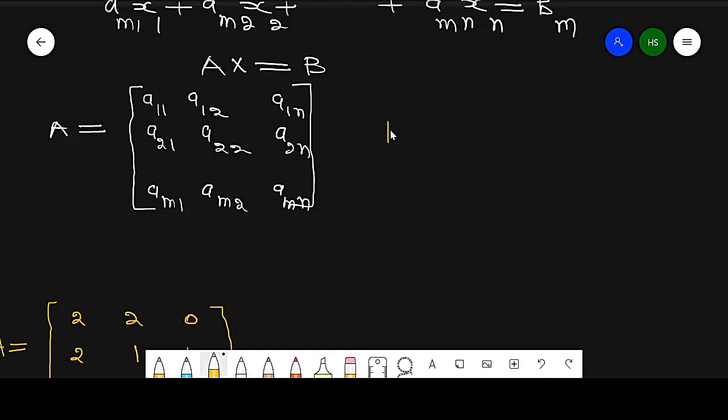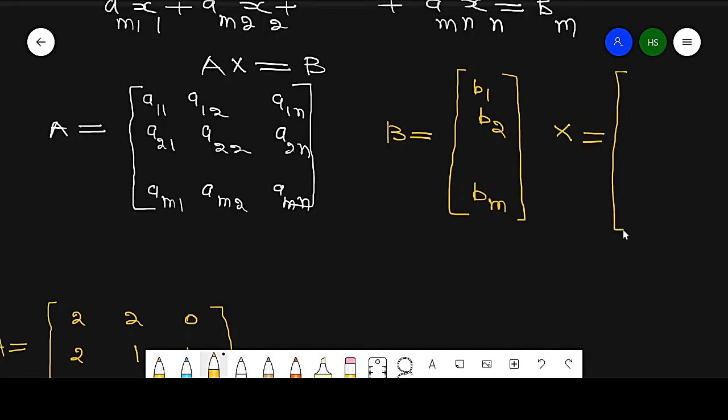Next is the B matrix. The B matrix is a column matrix b1, b2, and so on up to bm. And third is the matrix of variables, x1, x2, x3 up to xn.